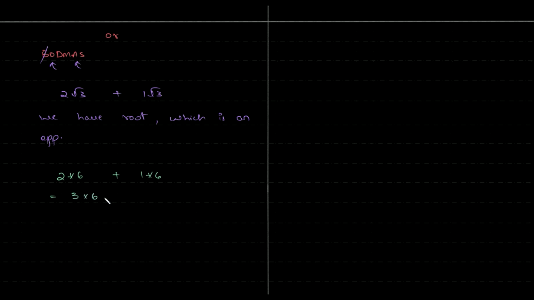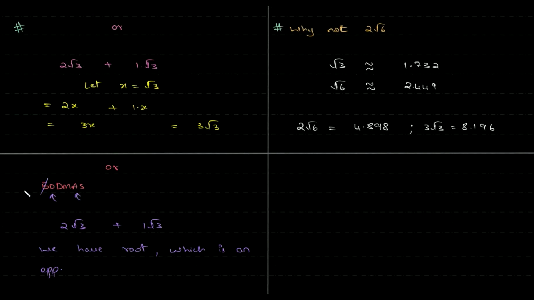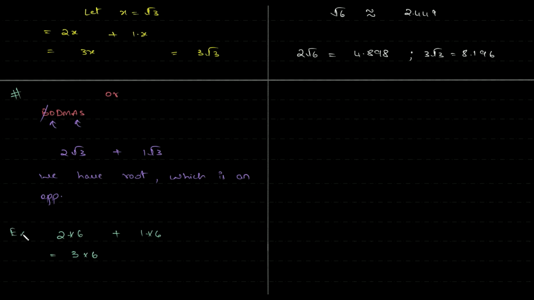I can do this with the same logic, whatever we did till here. With all of this logic, we'll be able to explain all of this. I want you guys to understand all of this. Please don't miss anything. So 2 into 6 plus 1 into 6 is nothing but 6 being added 3 times.